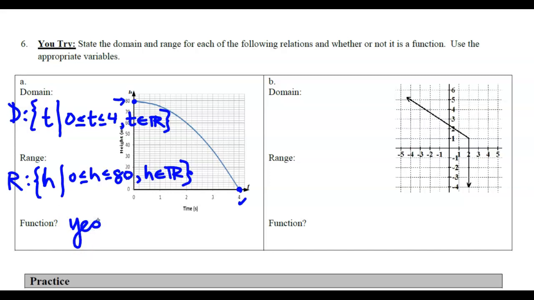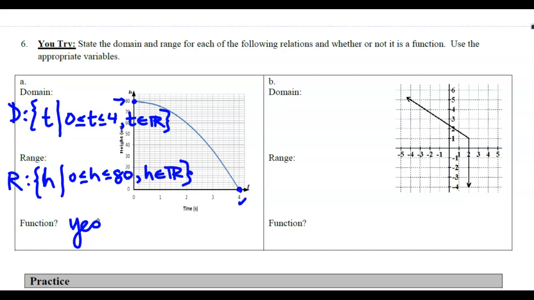Okay, now domain, if you look from the left, again, look where there are arrows. This is going up and to the left, so it's going to negative infinity. From the right, the biggest value of x is 2, and it's 2 for all of these points. It's less than 2 on this part. So for your domain, it's everything that's less than or equal to 2. Vertically, the range, this arrow is going up and to the left, this is going down.